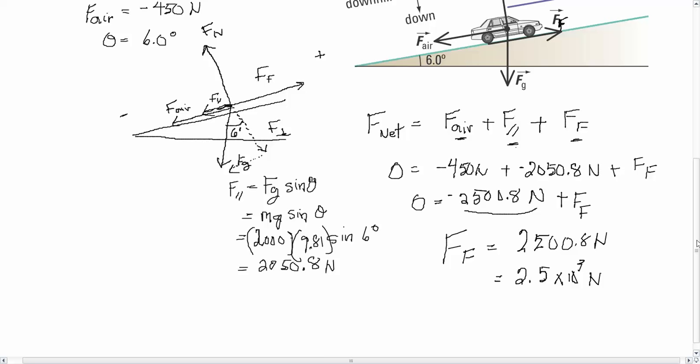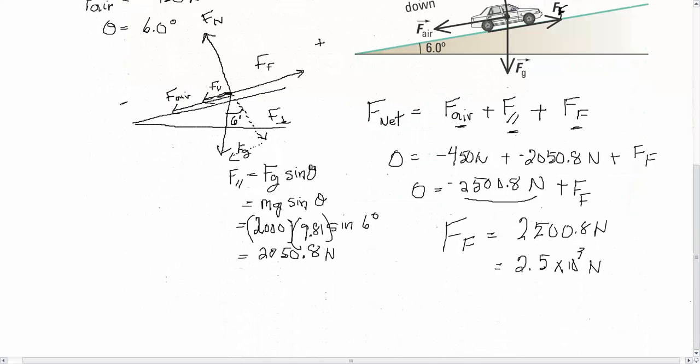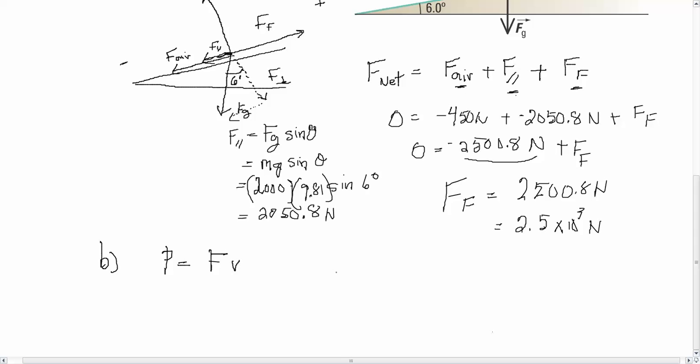The next thing that we're asked to calculate is the power output of the engine. And remember, power can be calculated by taking the force that's been applied to maintain a constant velocity. So in this case, we've calculated our force, 2,500.8 newtons, times our velocity, 25.0 meters per second.